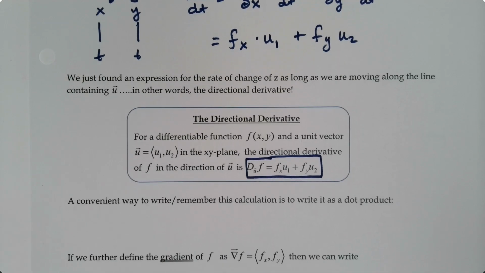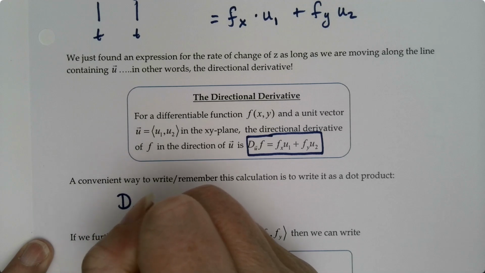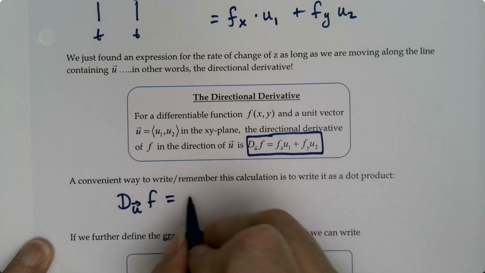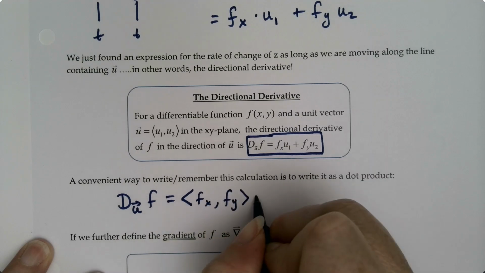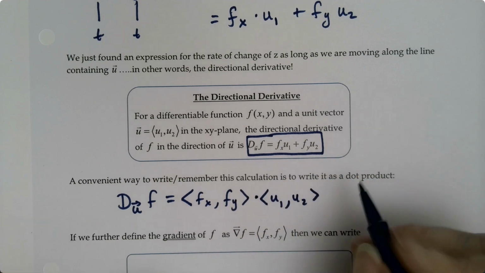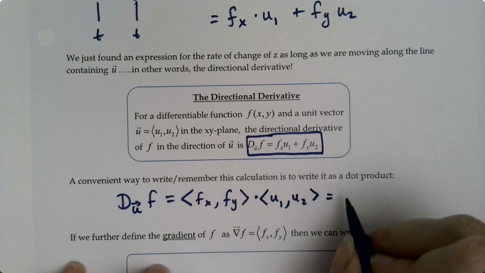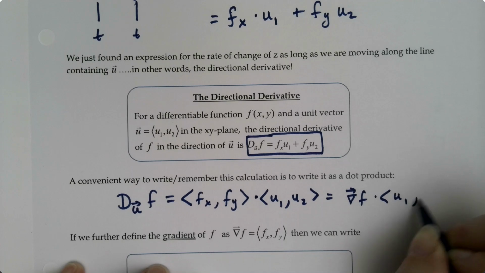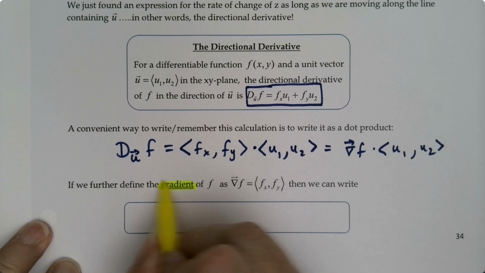So a convenient way to do this calculation is to write it as a dot product. So the directional derivative of f in the direction of u is, if you take f sub x and f sub y and you dot product it with u1 and u2, you end up with the gradient of f times u1, u2. And that leads us to our last term of these pages, which is the gradient.